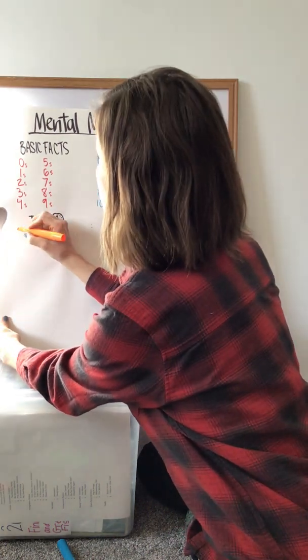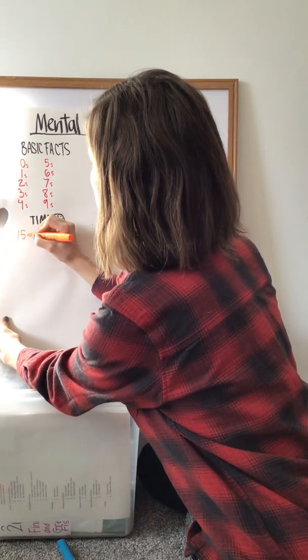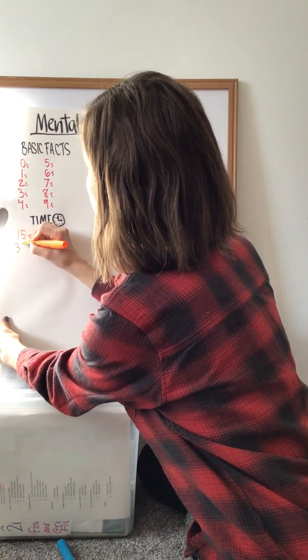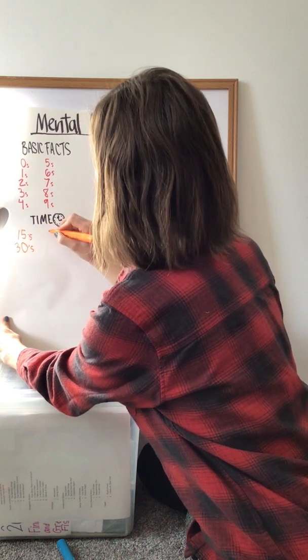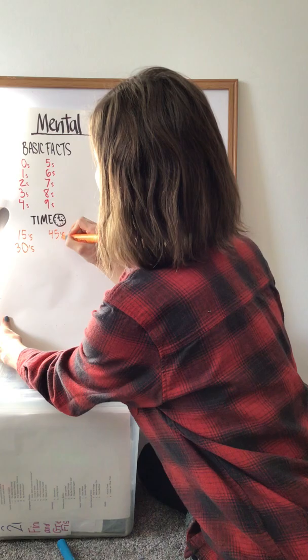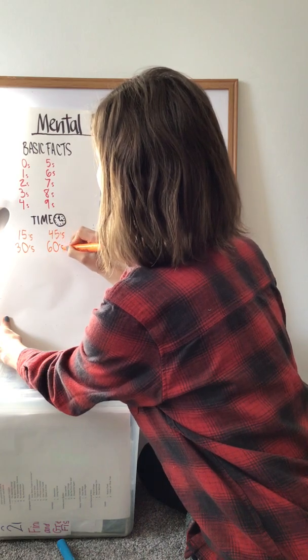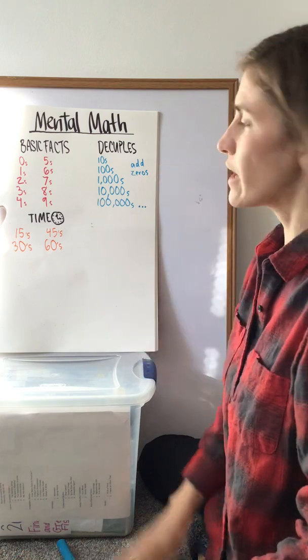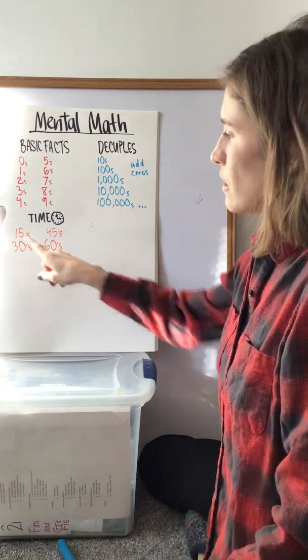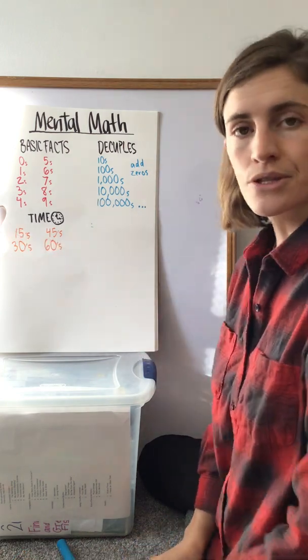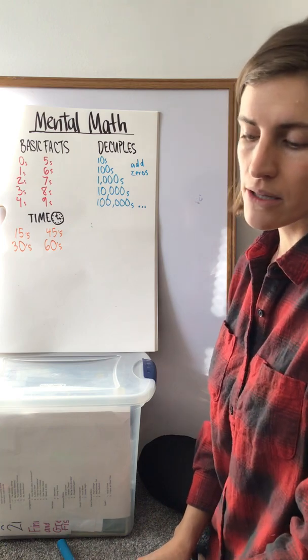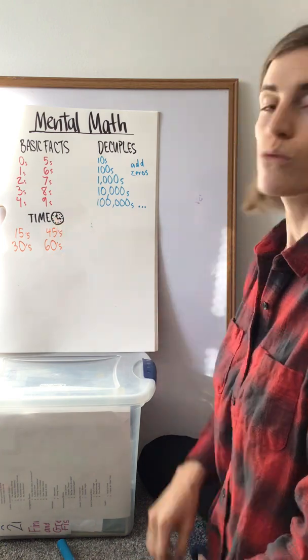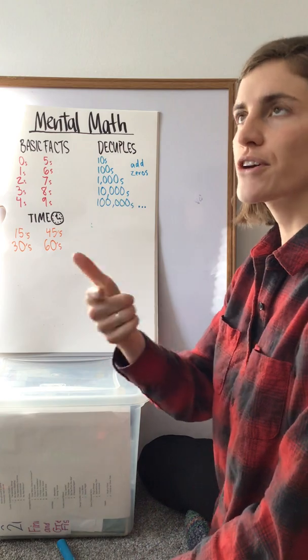And that will help us to think about numbers that are multiples of 15 in a little bit simpler way. For example, if you had the problem 15 times 3, thinking about it in the form of time would help you: 15, 30, 45.